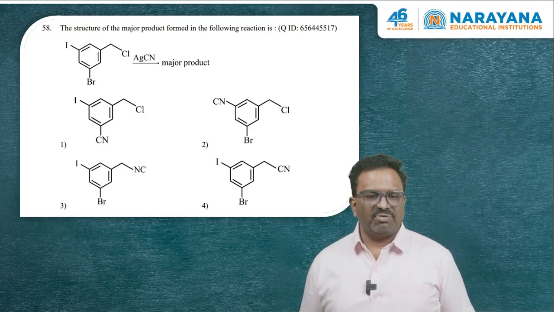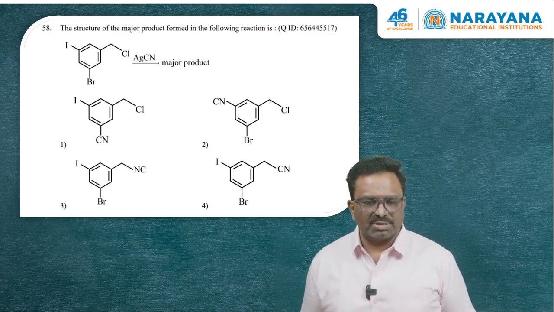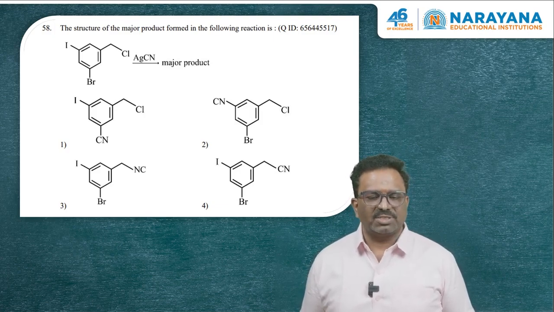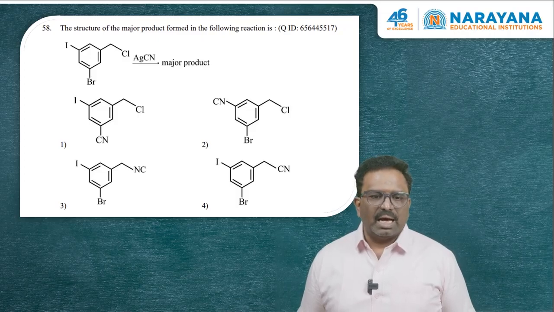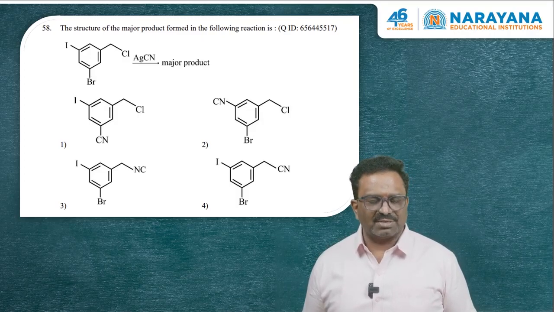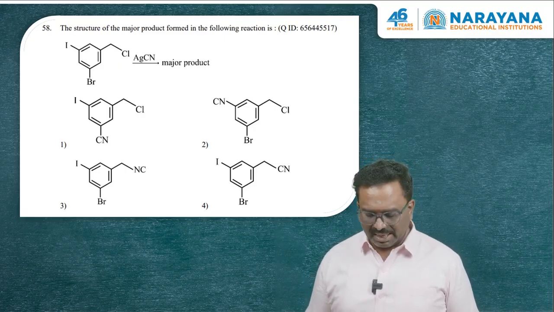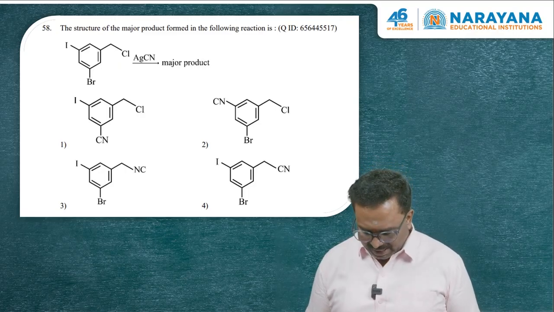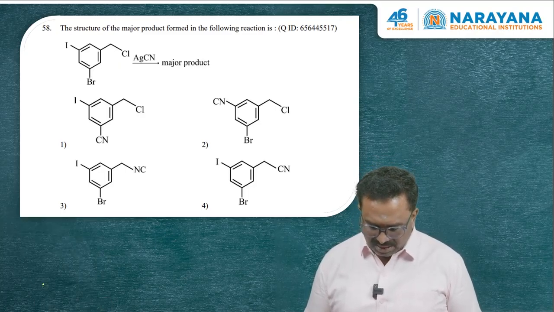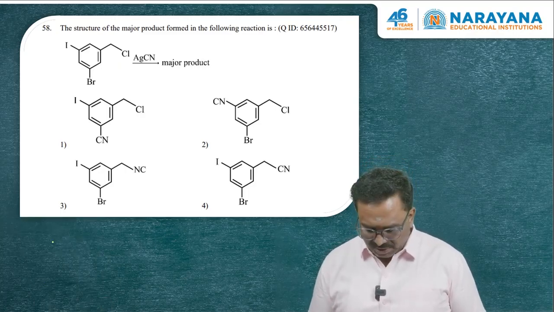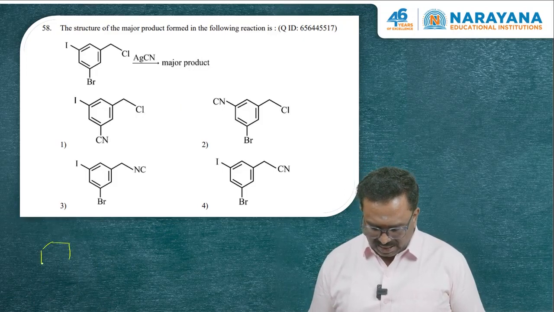That means nucleophilic aromatic substitutions take place only in specific conditions. Alkyl halides can exhibit nucleophilic substitution relatively more easily. So here it is very clear the reaction happens on the alkyl part of the given molecule.